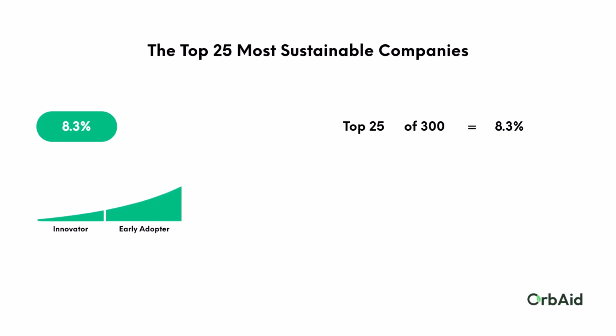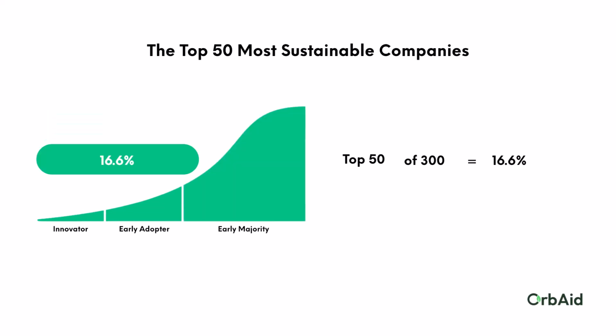This approach aligns well with the adoption curve, as the top 25 companies are innovators and leaders, representing the top 8.3% of their industries. The top 50 companies are leaders and early majority, representing the top 16.6% of their industries.